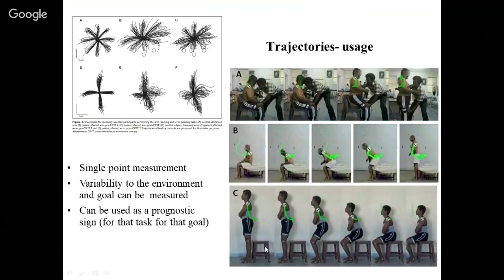And one of the important uses is to say whether the patient is improving or not. This is what they did in this study, which was on CAMT. These are normal trajectories in normal people. Remember, even when it is normal, you will have variation, but it will be more accurate here. You can see that there is variability, but it is more accurate. It is within one standard deviation.